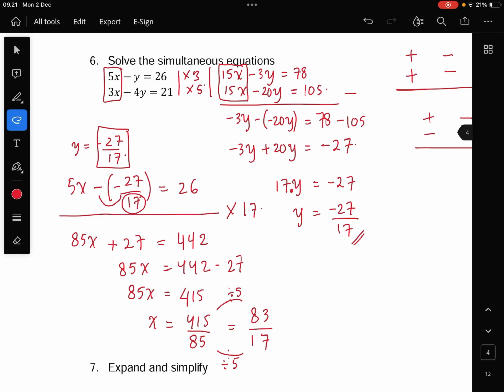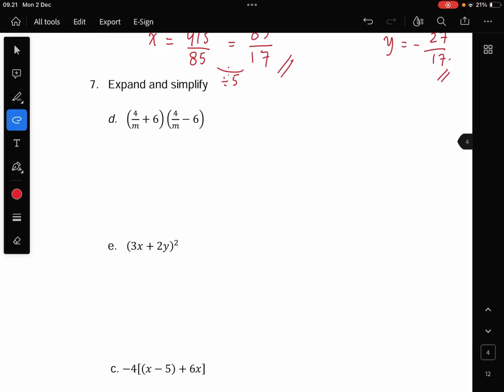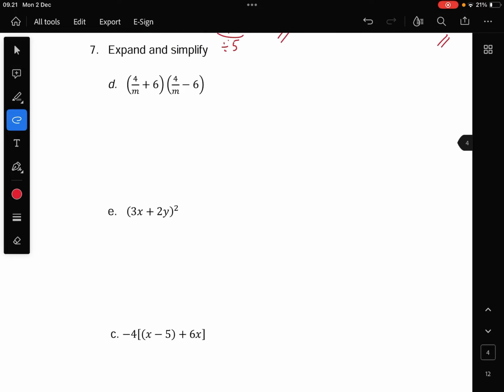So we have x equals 83 over 17, and y equals negative 27 over 17. Please check and recheck with your own working, yeah.